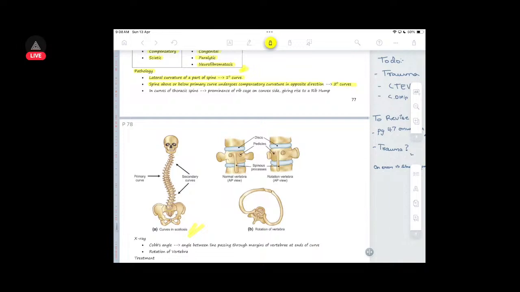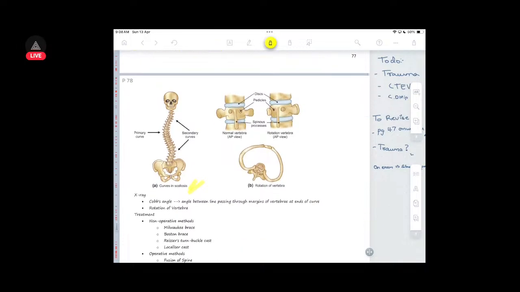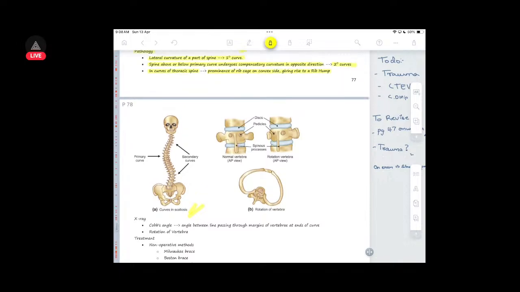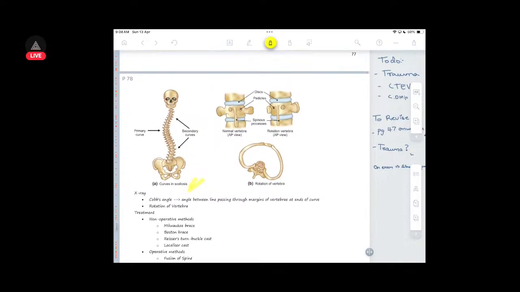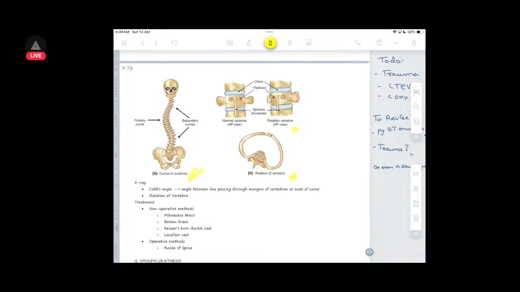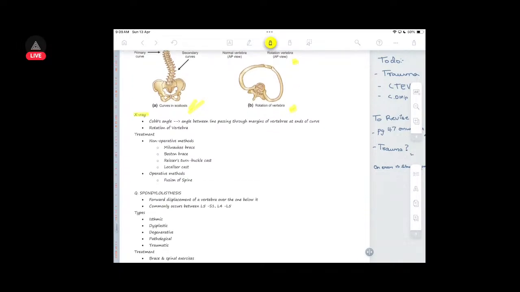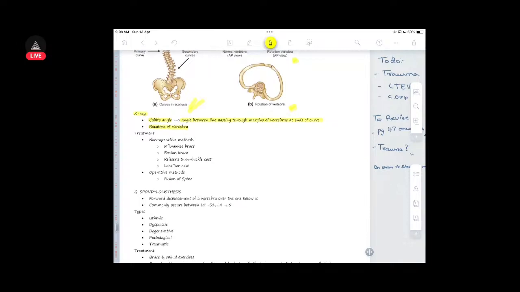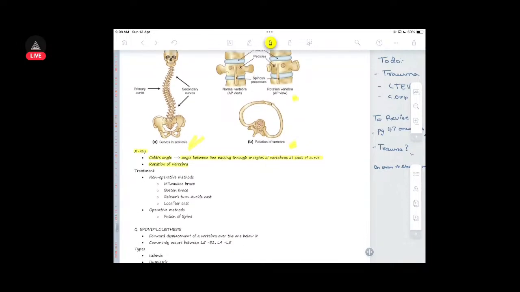Curves of the thoracic spine will lead to prominence of the rib cage on the convex side, giving a rib hump, and there may also be rotation of the vertebra. On X-ray, you can find Cobb's angle, the angle between the lines passing through the margins of vertebrae at the ends of the curve. These kinds of rotations you can see.